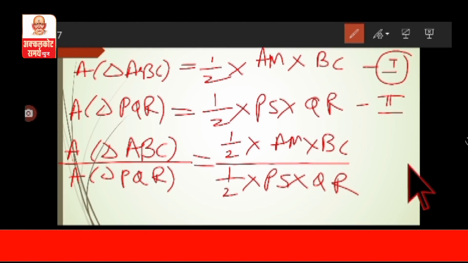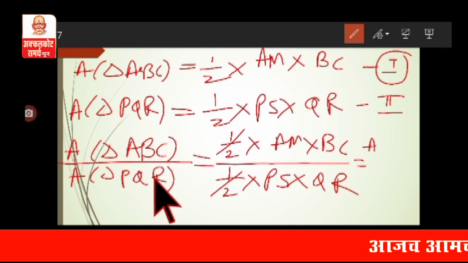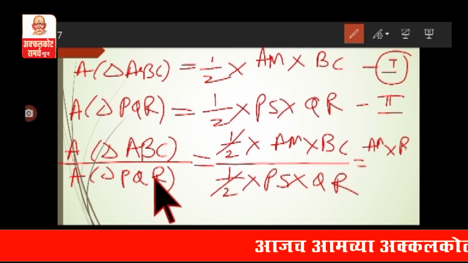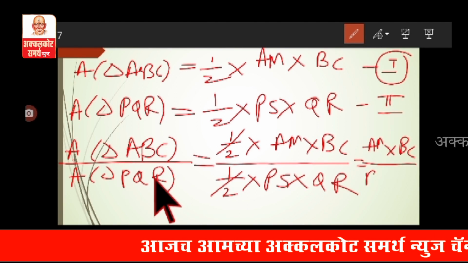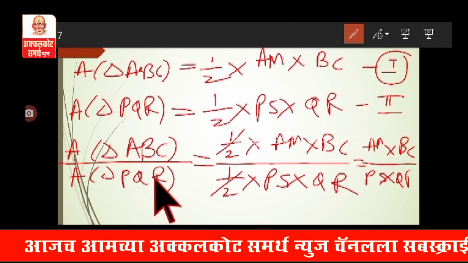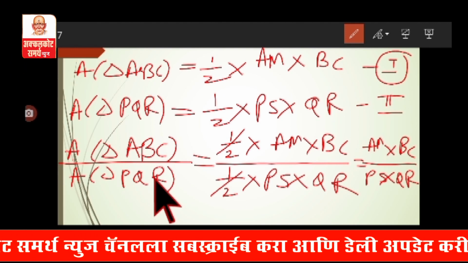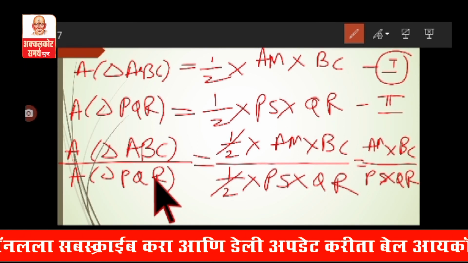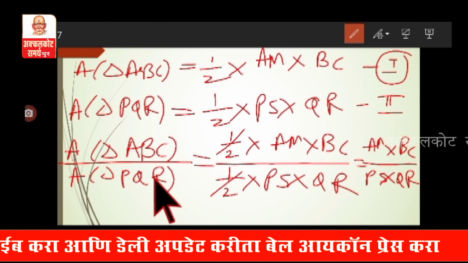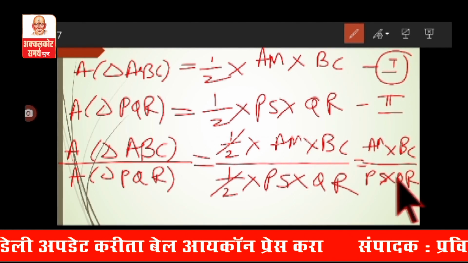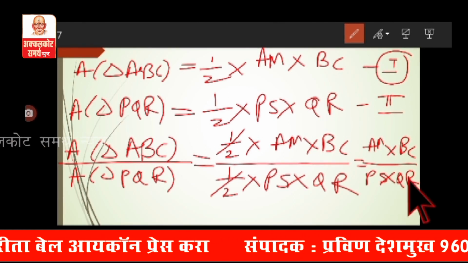Okay, so now this half will get cancelled, and what will you get here? AM into BC over PS into QR, right? Means AM is what? Height, BC is what? Base. So height into base, and here also PS is the height and QR is the base.